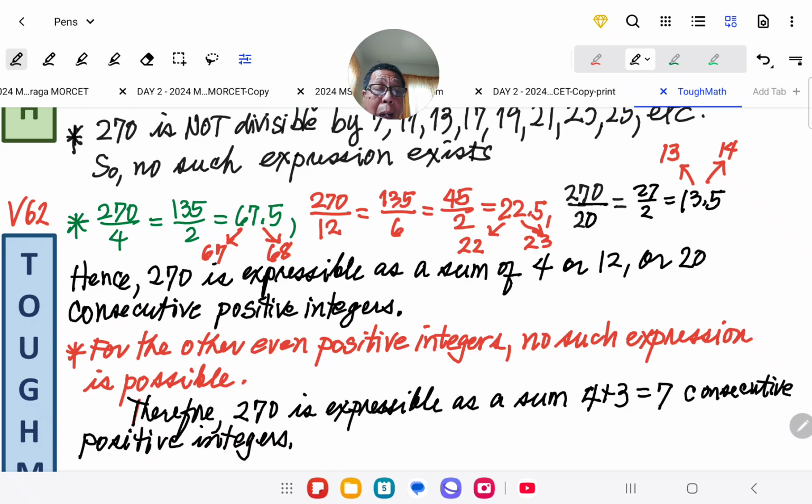The 4 is for the odd case and the 3 is for the even case. This one is for the odd case, or odd n, and this one is for the even n.